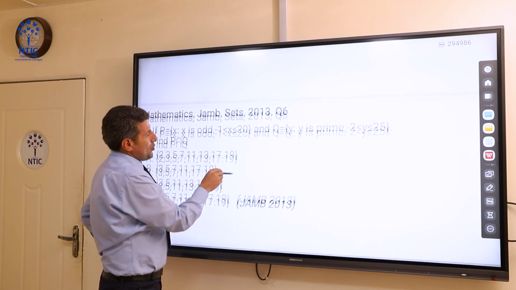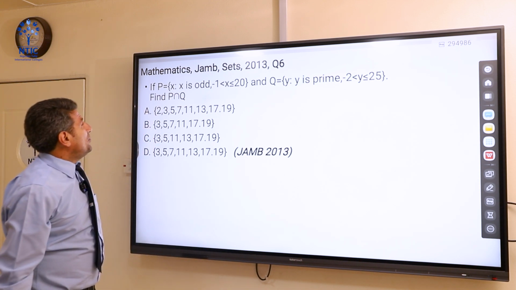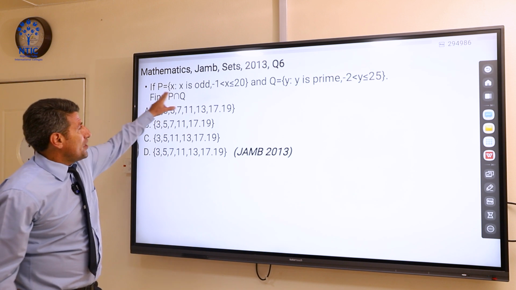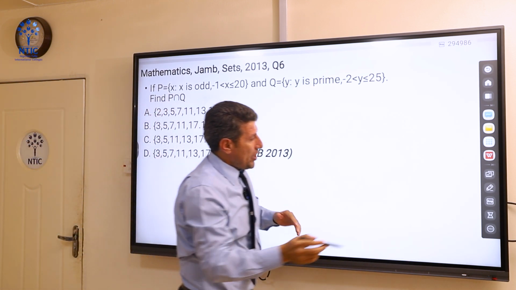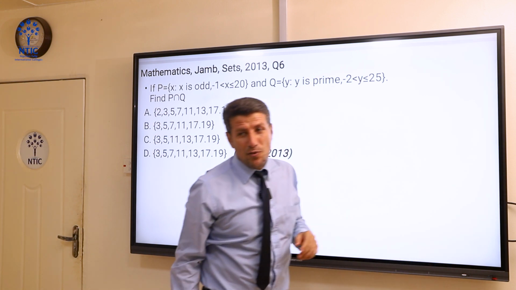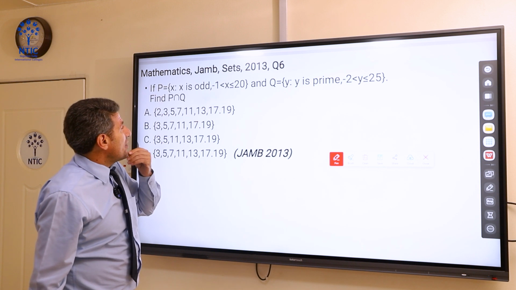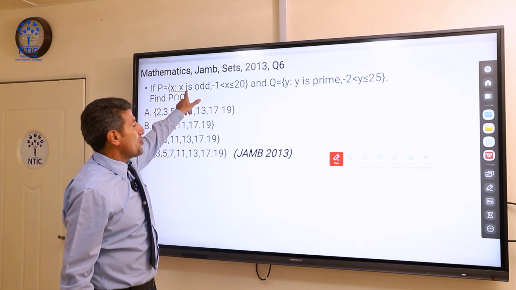So our next question again is 2013. So again, if they give you the set in this form, the best way to solve it is to make the list, to express your set in the list form. In order to make the list, you should understand the meaning of these symbols, these notations.